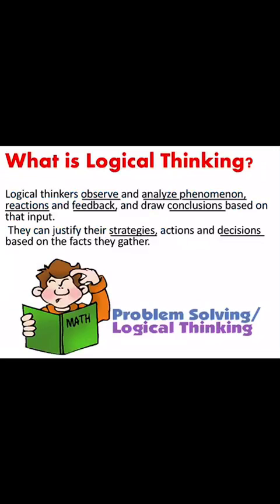Okay? Another definition: they can justify their strategies and actions and decisions based on the facts they gather. So their decisions and their conclusions are not based on whatever. No, they're based on facts and input.